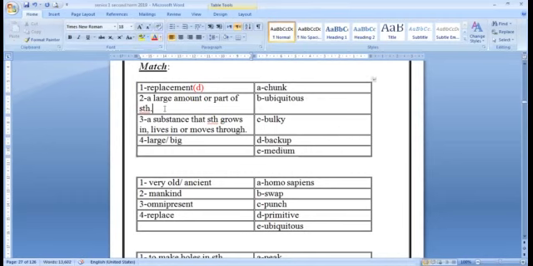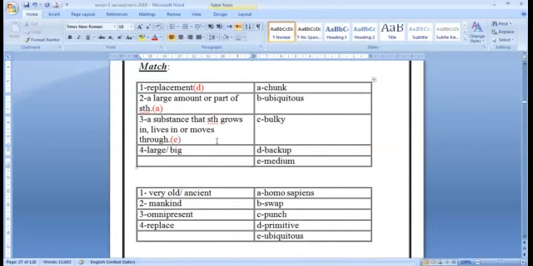Okay, number two, a large amount or part of something. What is the appropriate answer here? Yes, very good. It's bulky. So the word bulky means a large amount or part of something. Number three, a substance that something grows in, lives in, or moves through, which is, yes, very good, medium.